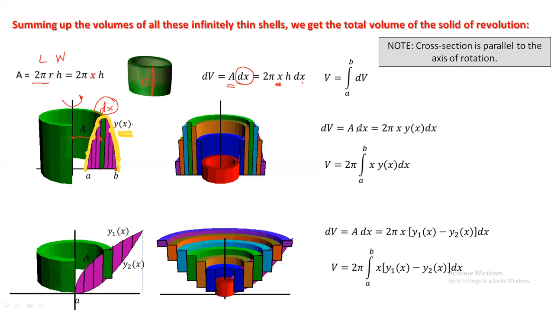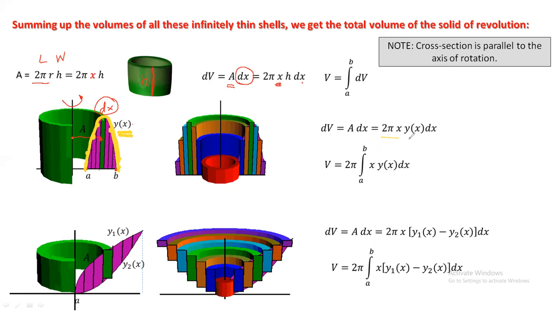So you could see here that you have 2 pi x, it's fixed already. 2 pi x is the distance of this cross-section or differential area from the axis of rotation. And your y of x is changing, depending on the area that we're talking about. It could be this small area, so your y is different. It could be this tallest cross-section or differential area, and your y will be different here because it depends on the equation of the curve.